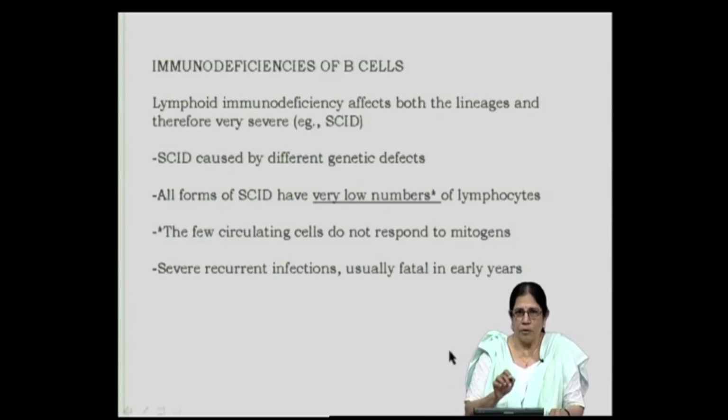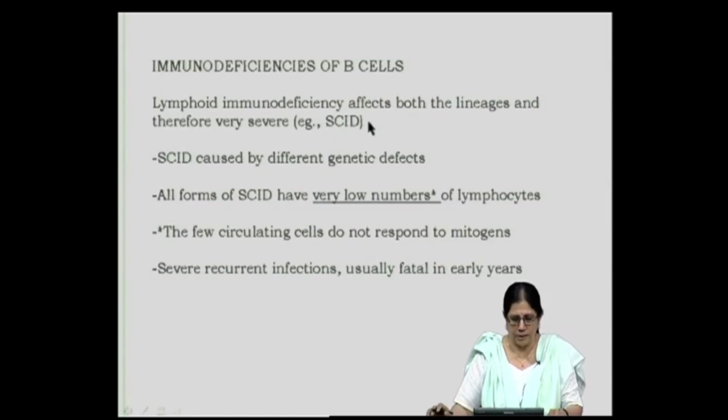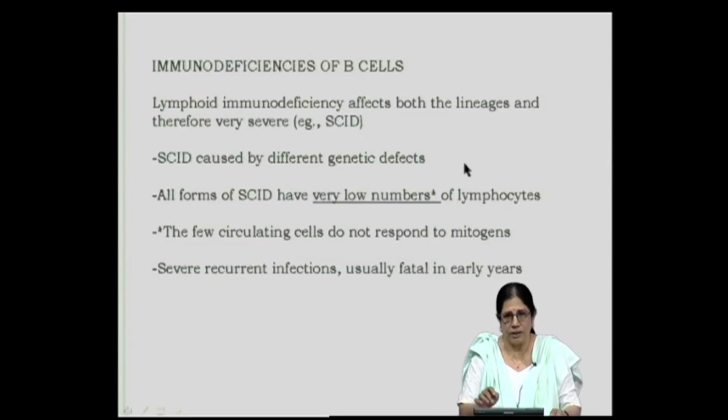Now, lymphoid immunodeficiencies, which would mean any deficiencies that lead to defects in the development of the lymphoid series, would of course affect both lineages, T cells as well as B cells, and this therefore would lead to severe combined immunodeficiency. SCID, short for severe combined immunodeficiency, can be caused by different genetic factors.